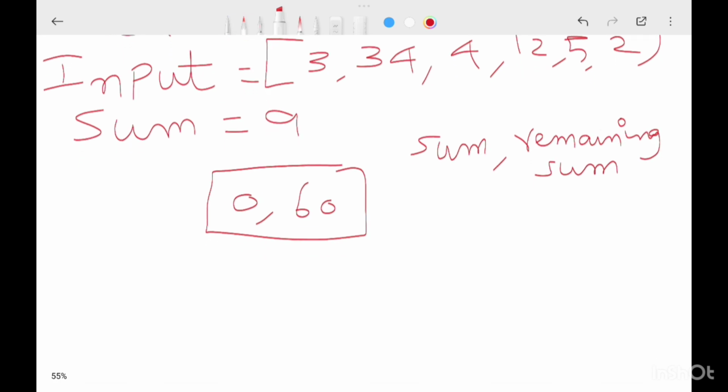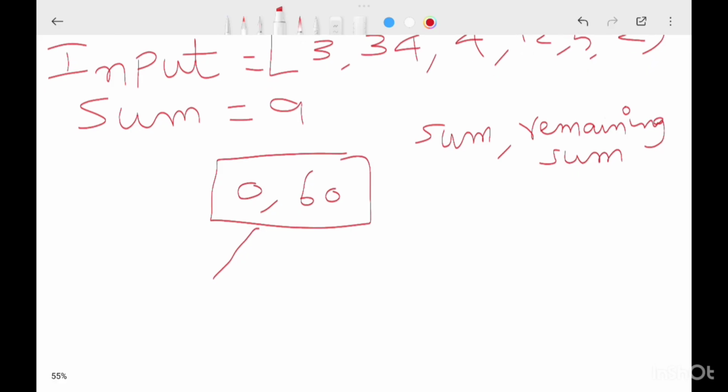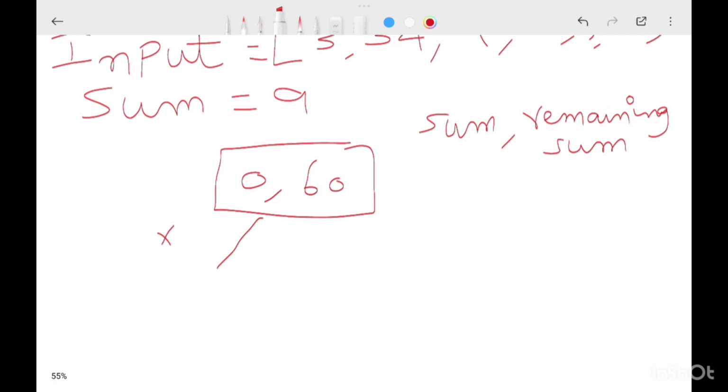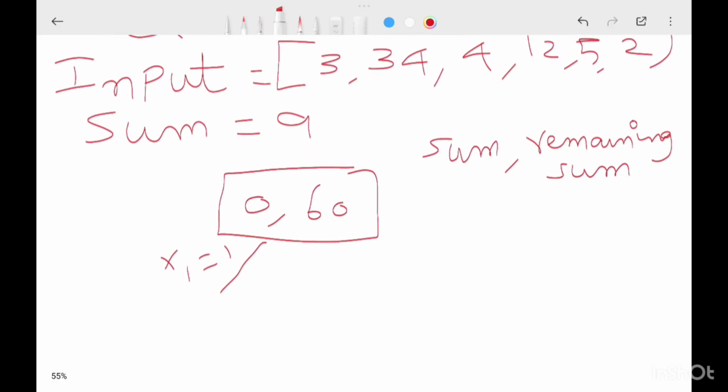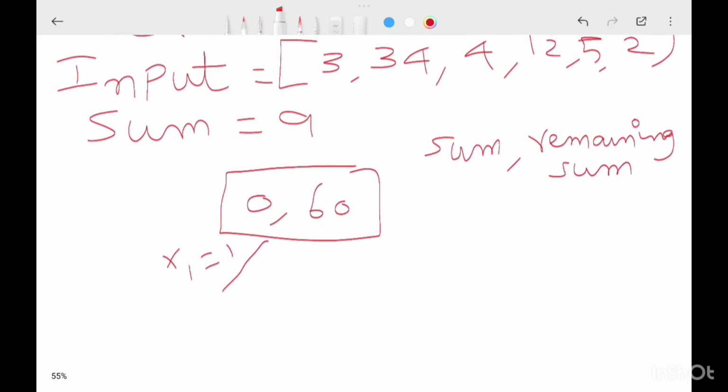From this I am moving to the next possible state. In this state I am going to add the first value. That means in the result set the first value x1 is 1. That means the first element in the given input is added into the solution.